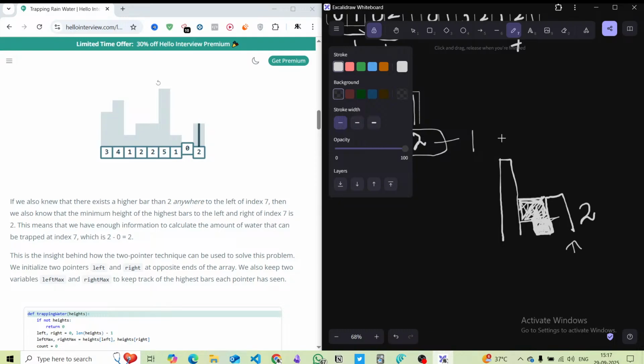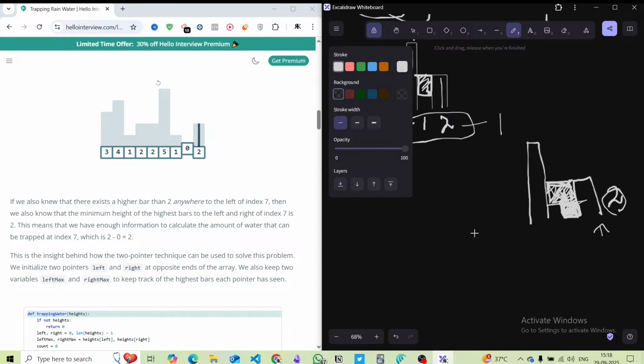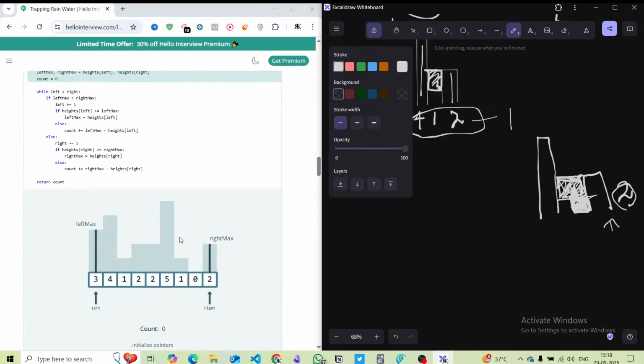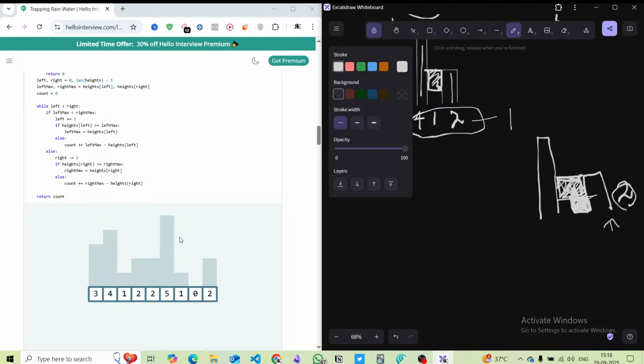We make sure whether there is any other height that is greater than the right one or the left one, and that can help to solve the problem. I guess it will be clear on solving it.